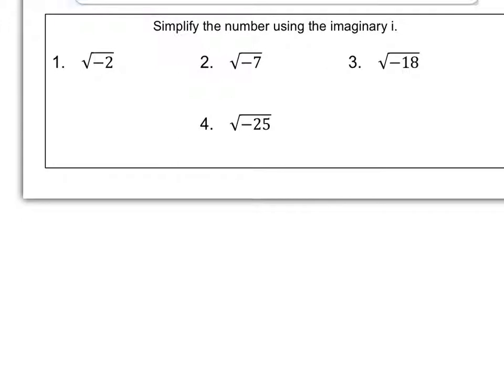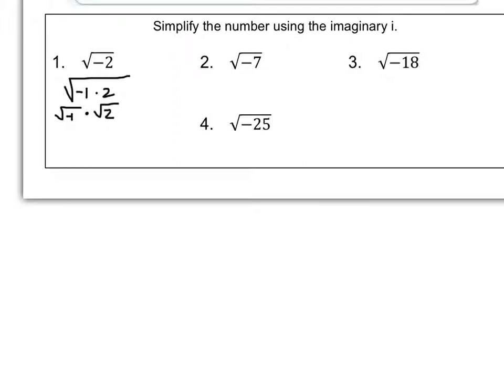We don't actually have an amount for that right now. So I'm going to break -2 into a multiplication problem, -1 times 2, and by doing that, I can break up the square roots. This is the square root of -1 times the square root of 2.